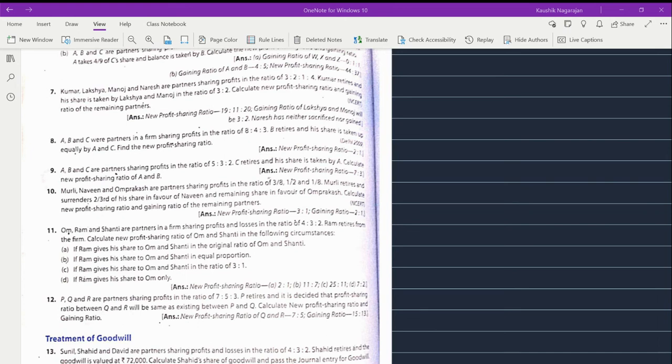Kumar, Lakshya, Manoj, and Naresh are partners sharing profits in the ratio of 3 is to 2 is to 1 is to 4. So, first let us write the partners. Kumar, Lakshya, Manoj, and Naresh.